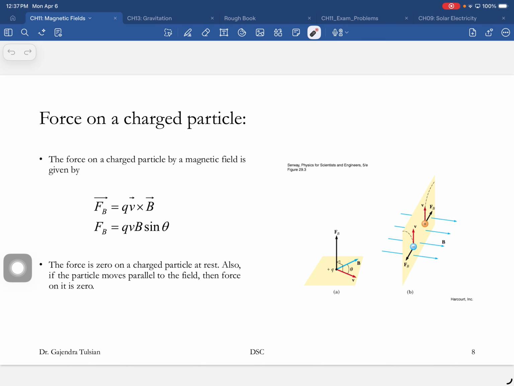Okay? That's the only time a moving charge doesn't feel a force in the magnetic field. Also, the force is zero if the particle is at rest. So if it's at rest, it doesn't feel a force.